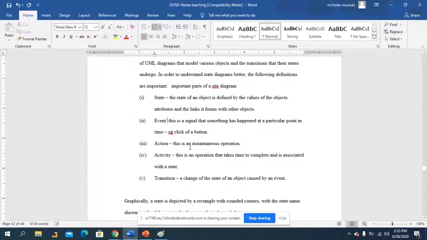An action will not be presented if we don't have a state and we don't have an event. And this action forms what you call an activity. This activity is within a given time, maybe you are moving from 9 to 10.